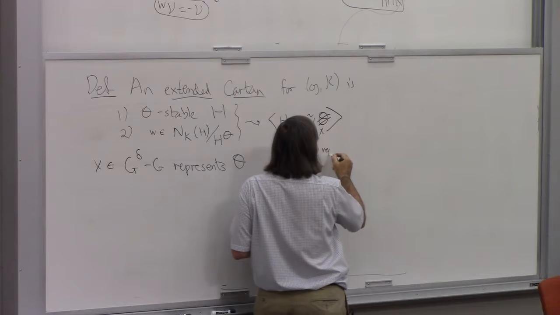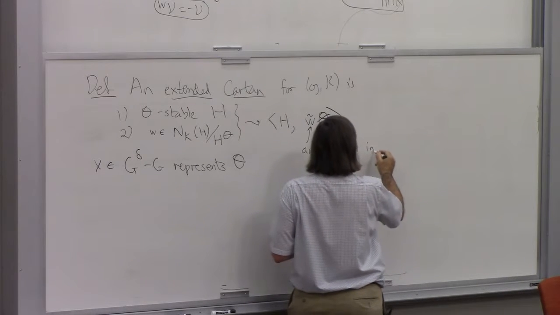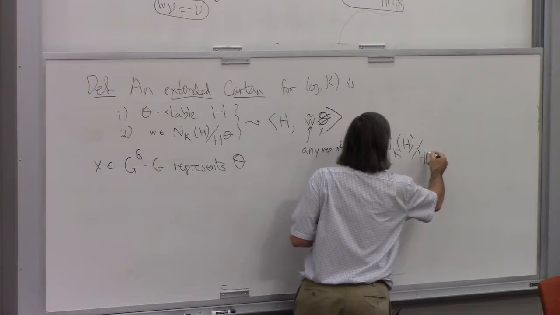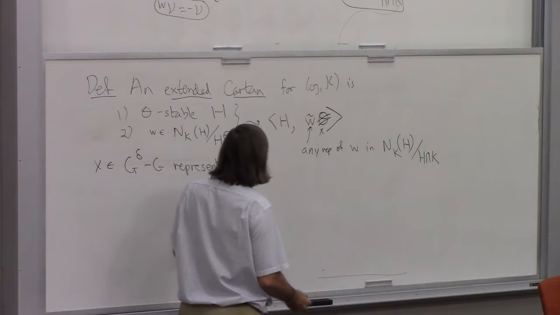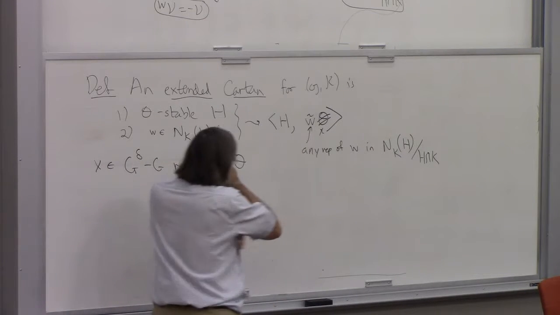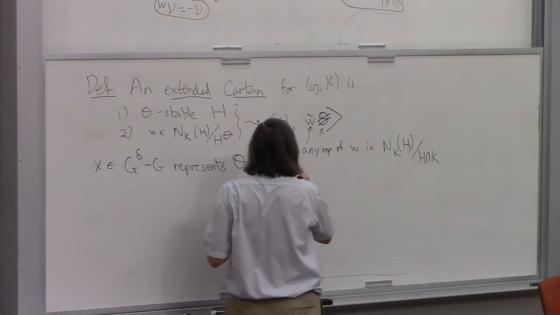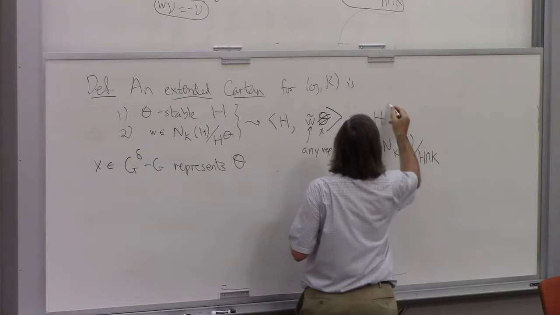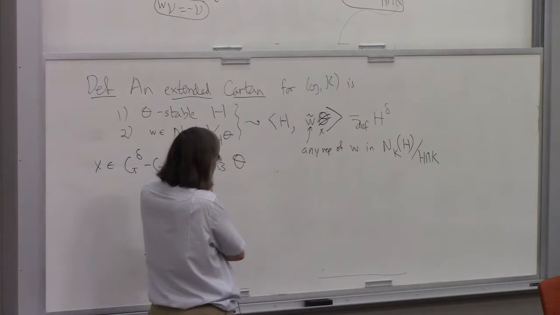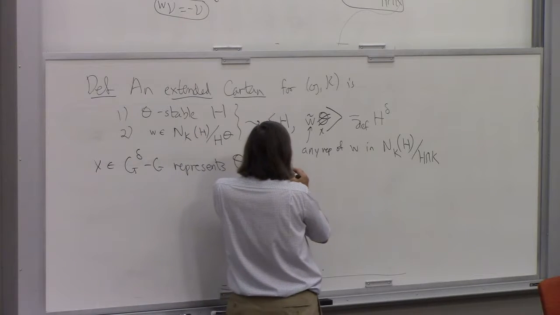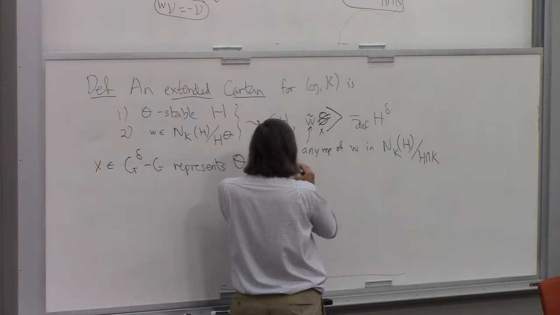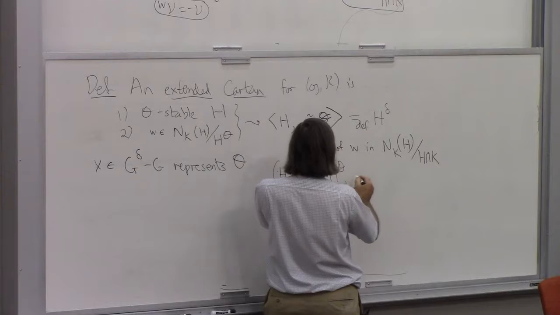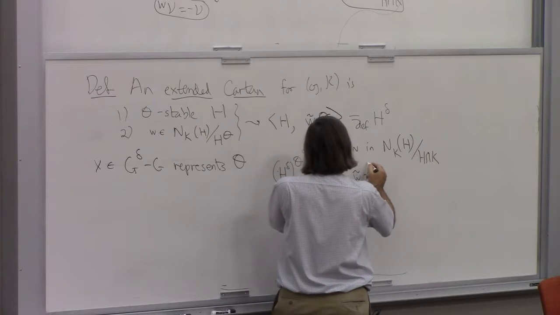This is any representative of W in this normalizer in K of H divided by H intersection K. So I'm going to call this extended thing H delta, and this H delta upper theta is just generated by H upper theta and this W tilde X.